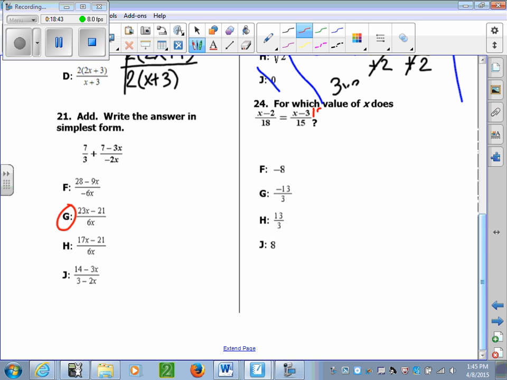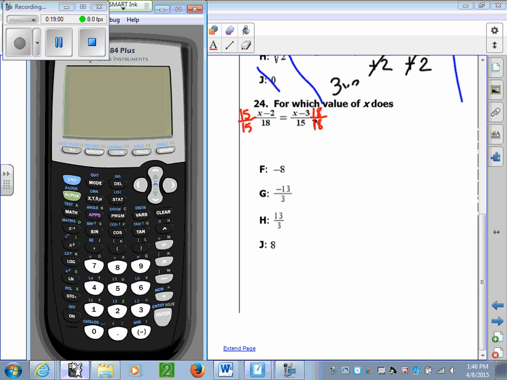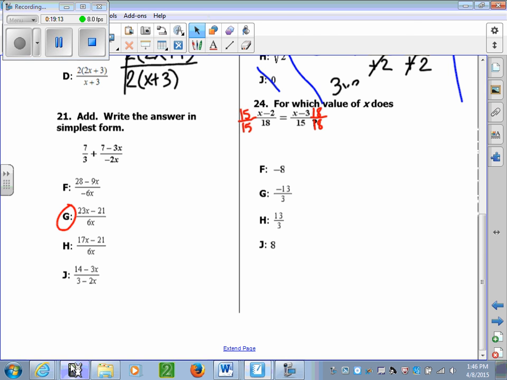So over here, I'll multiply it by 18 over 18. And on this side, I'll multiply it by 15 over 15. Okay? So that will give me 15 times 18 gives me 270.